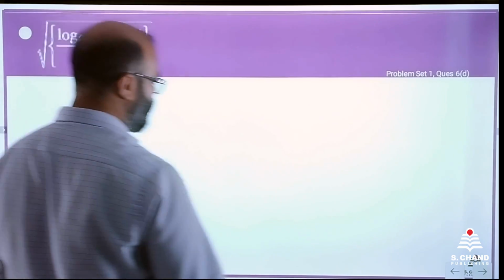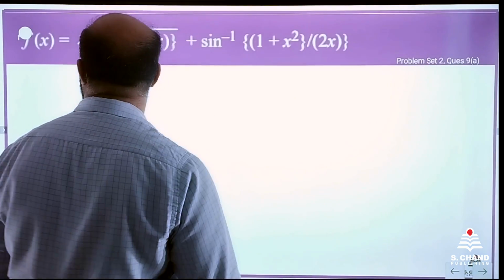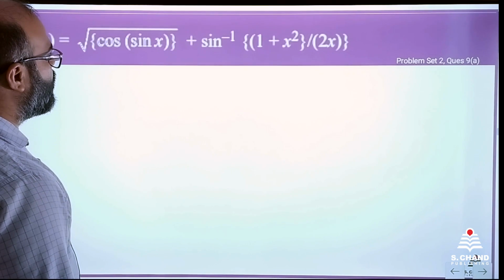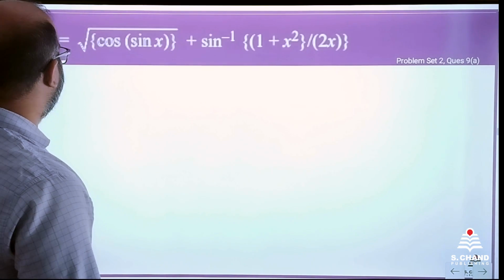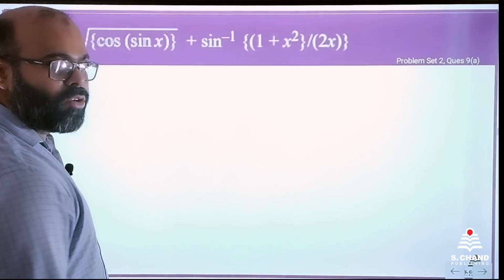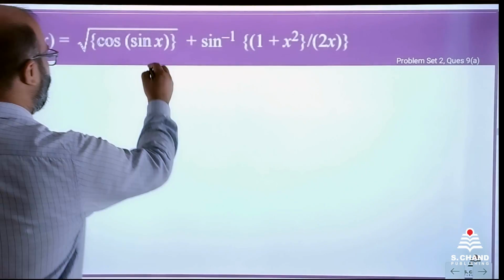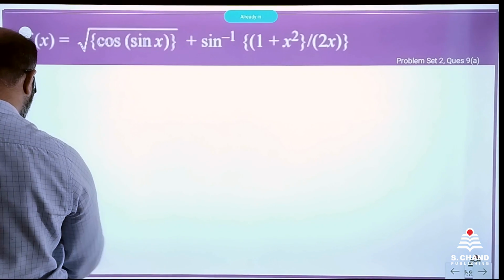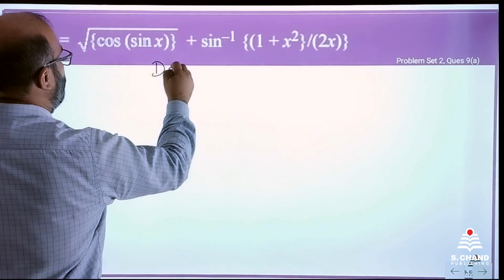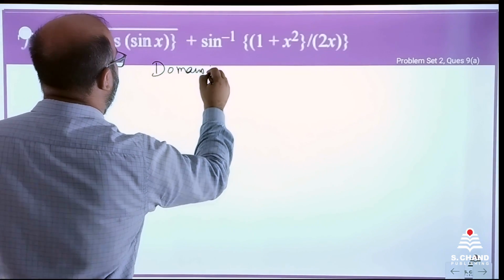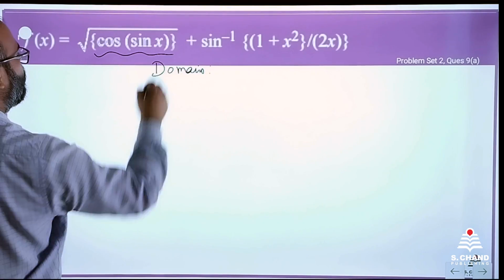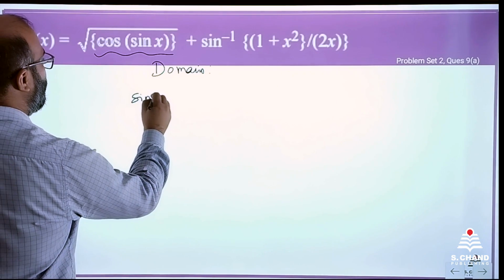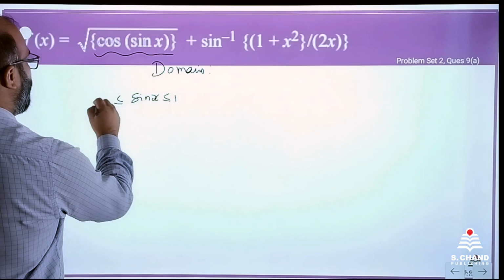Now let us come to the next question. The function f(x) is equal to root of cos of sin x plus sin inverse of (1 plus x square) by 2x. You have to find its domain. So again you have to find its domain. In order to find its domain, what will we do? We will see that the under root function over here is cos of sin x, and that has to be positive, where sin x can have value between 1 and minus 1.